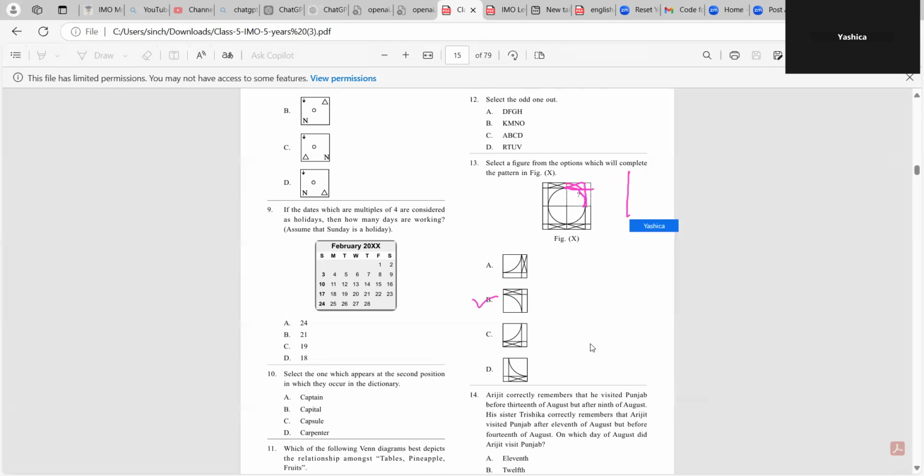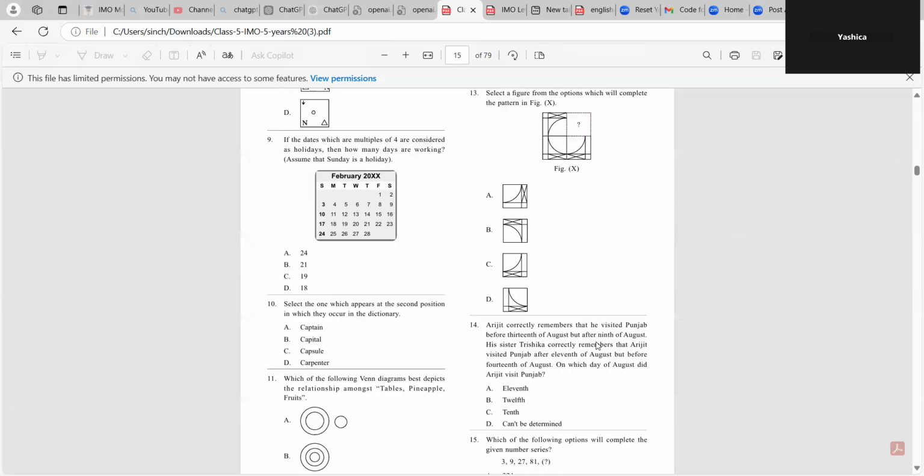So the square will look like this. Which matches with option B. So 13 is B. Very good. Excellent. Now do number 14.